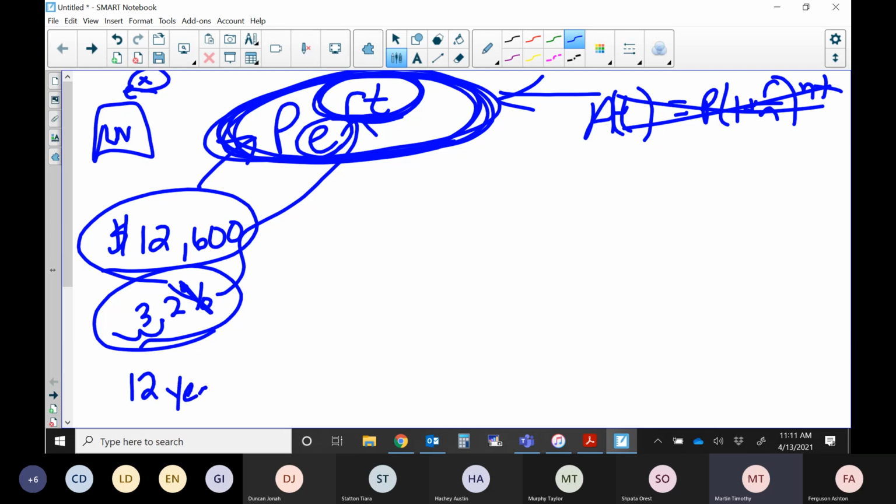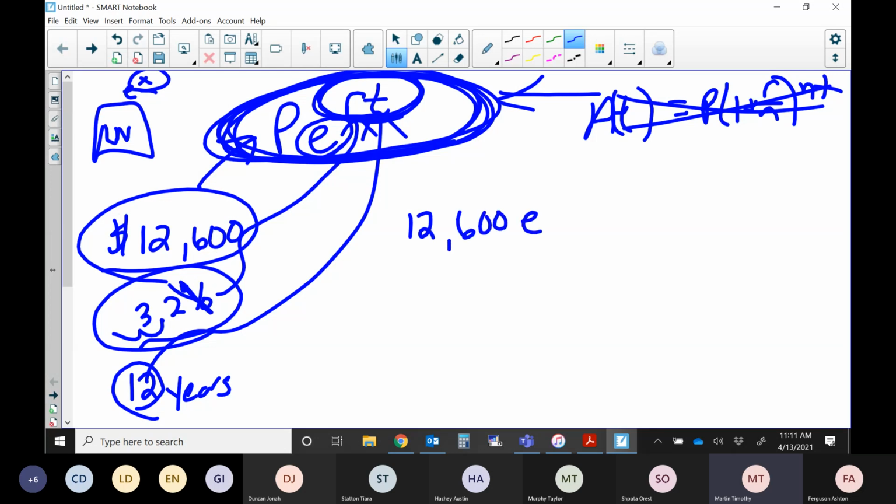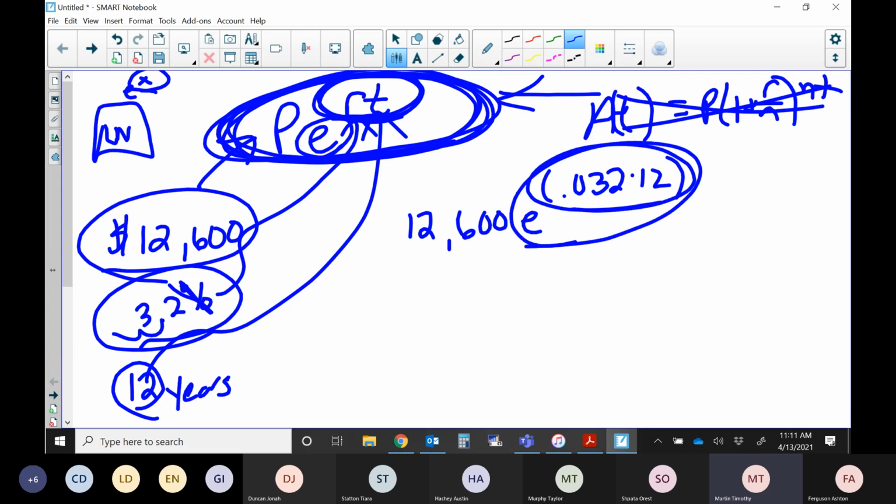So 12 is my T. My formula looks like this: 12,600 e to the 0.032 times 12. Literally this is just plug and chug. We're going to do this first, then take e to that power using our calculator, then take that number times 12,600, and we will have our final answer.